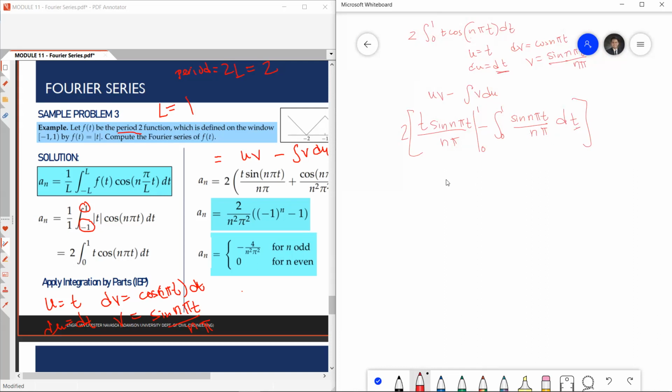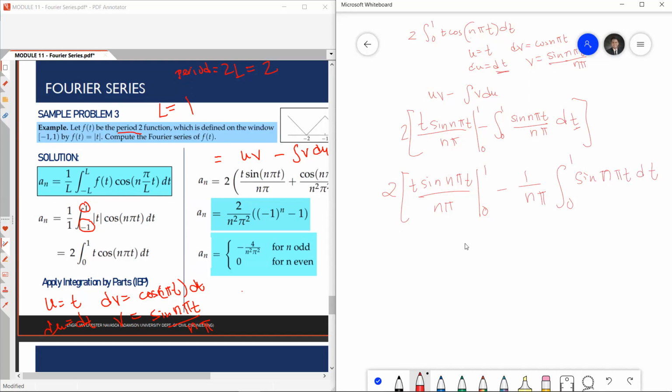We can put it outside, removing it before the integral sign. So 2, t sine n pi t over n pi evaluated from 0 to 1 minus 1 over n pi, integral from 0 to 1 of sine n pi t dt.